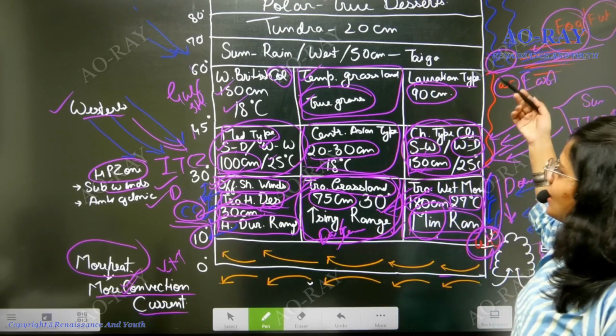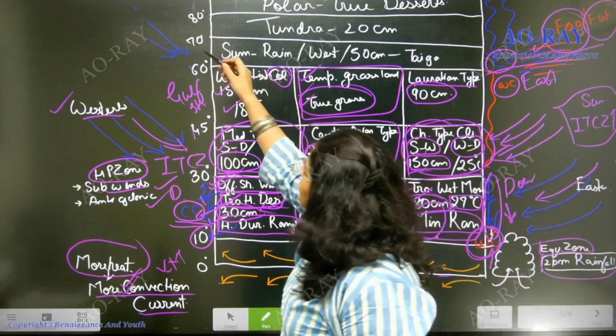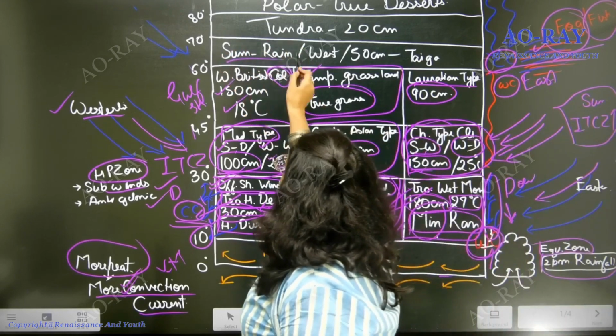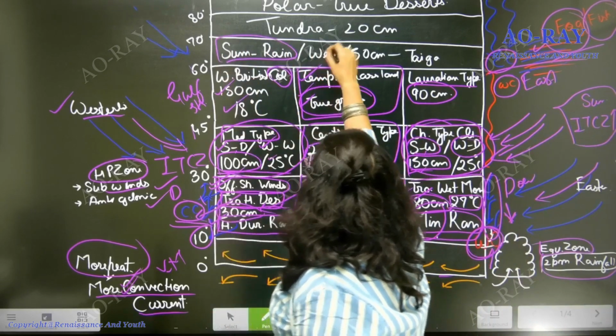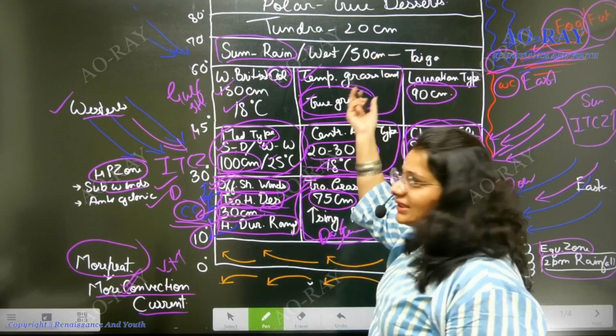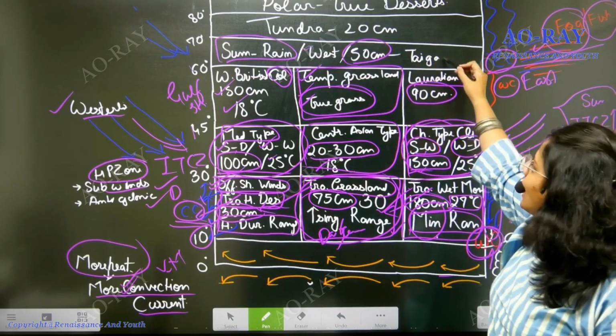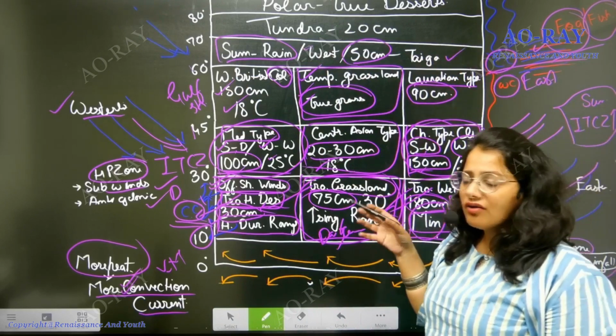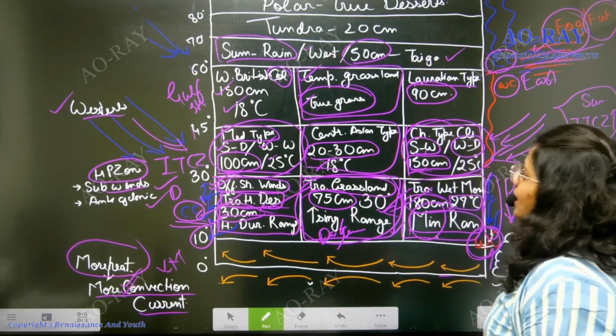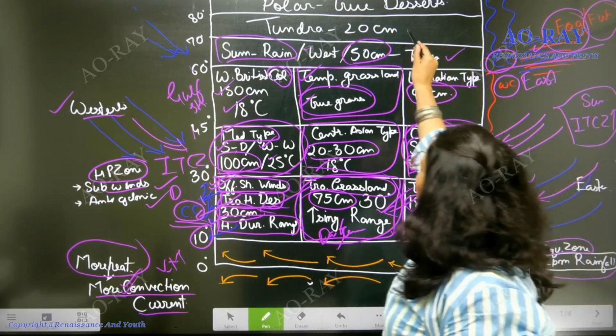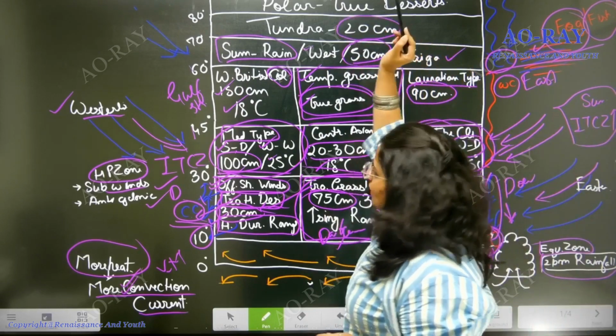Now in the upper latitudes, till 70-75, summer rain, westerlies' influence can be seen there, 50 centimeter of rainfall, and these are the start of the taiga region. Then 80-degree tundra, where there is 20 centimeter of rain.